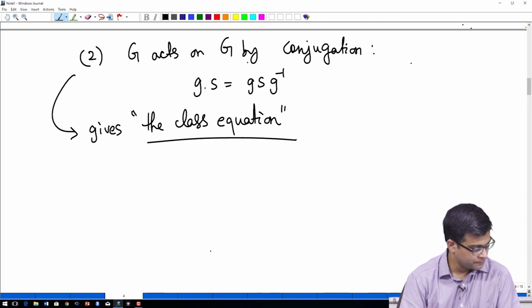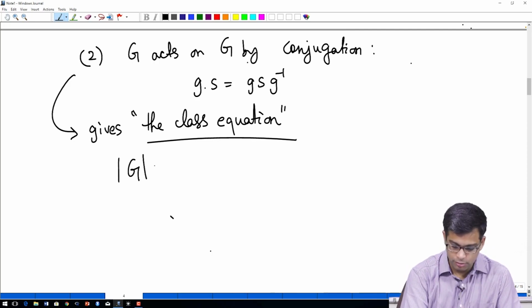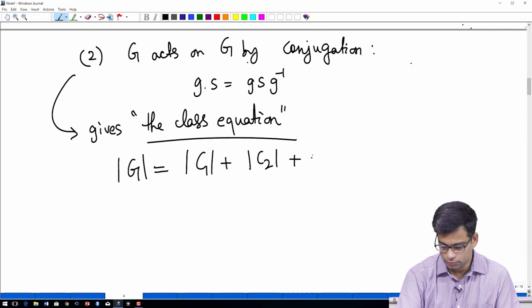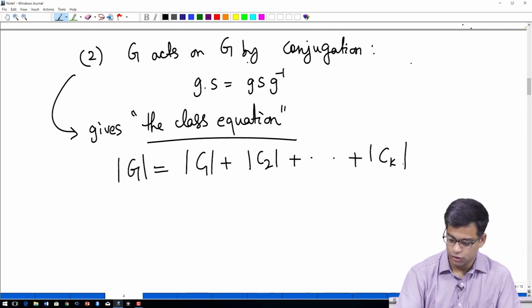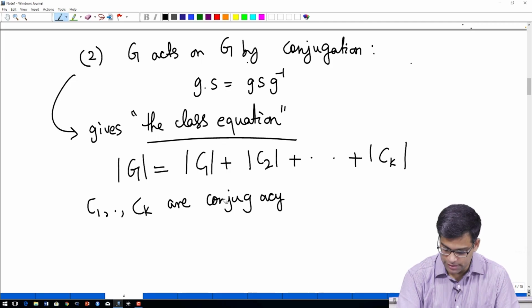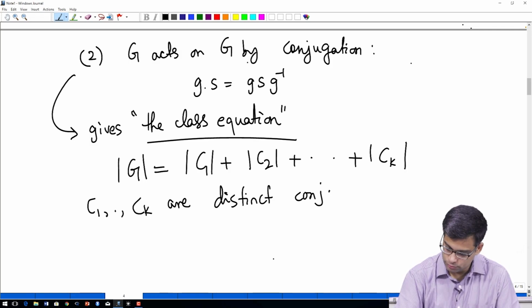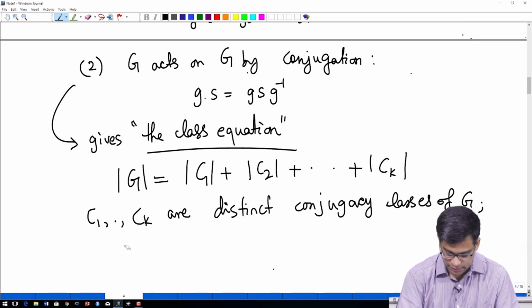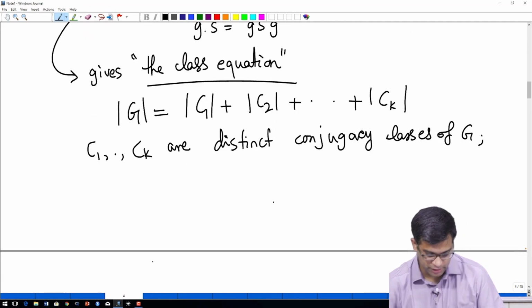What is the class equation? So, we can write the order of G as the sum of the orders of conjugacy classes. So, C1 through Ck are distinct conjugacy classes of G. Recall, what is a conjugacy class?